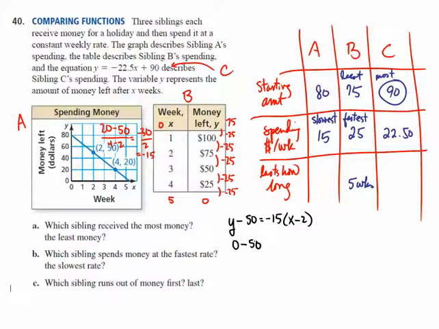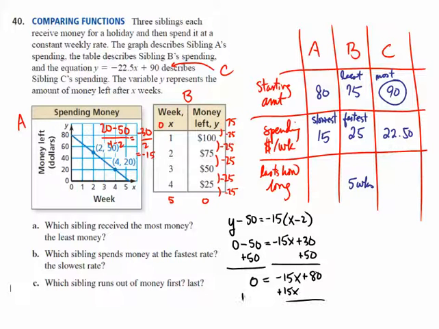We want to find out when does the money run out. We distribute, we get negative 15x plus 30. We add 50 on both sides, and we end up with 0 is negative 15x plus 80, adding 15x to both sides.